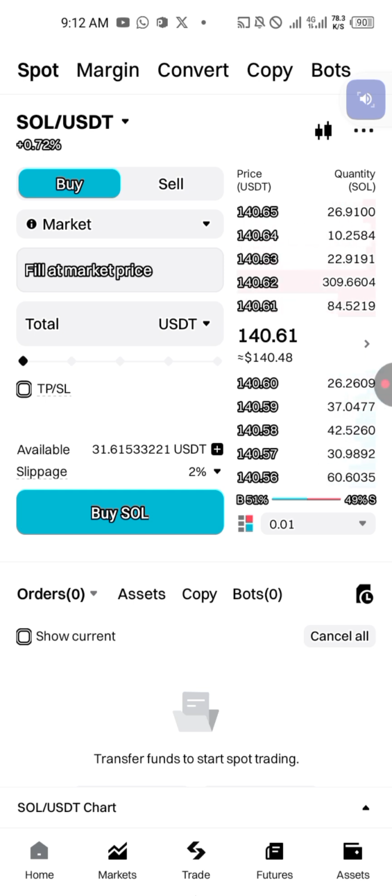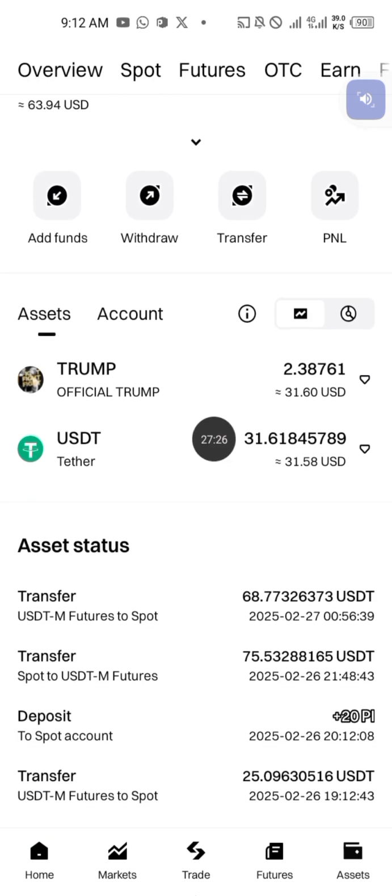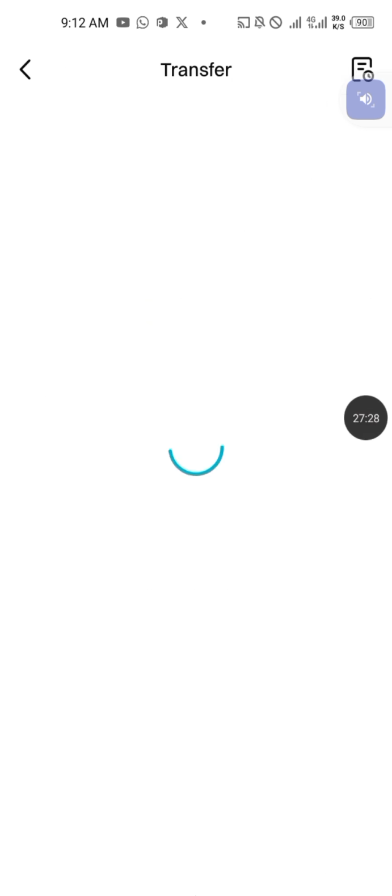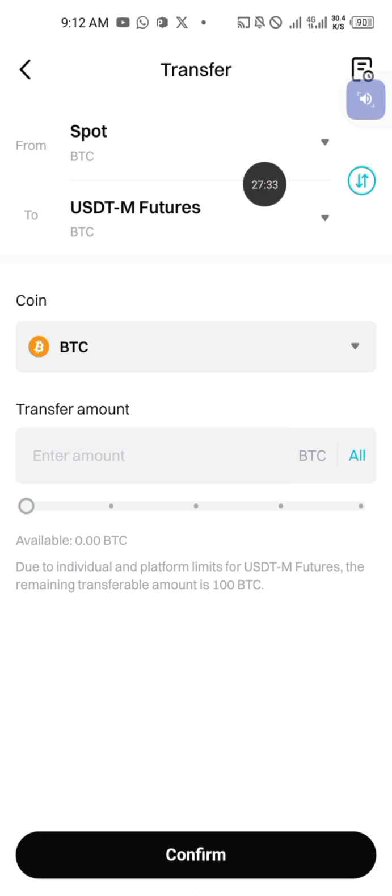So right now it is on spot trading, but let me say maybe I want to transfer this USDT to my futures trading. I'll just tap on assets. After tapping on assets, then I'll tap on transfer. This is spot, right? This is USDT slash M futures, right?